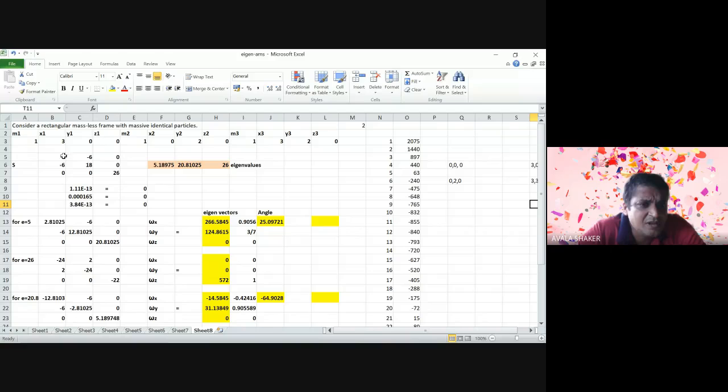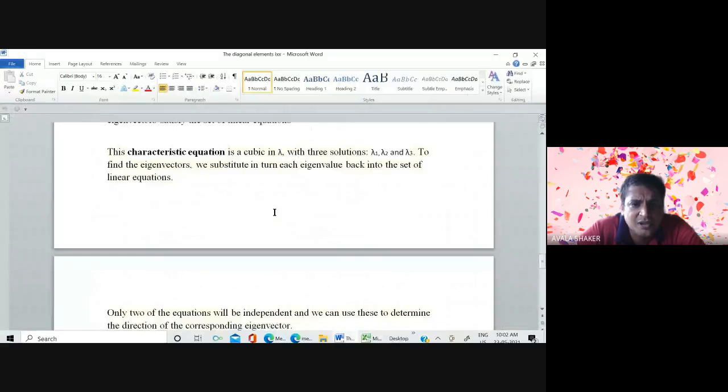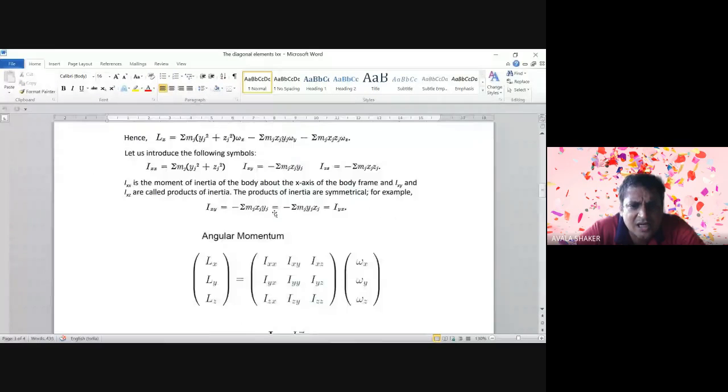If you remember, these components are Ixx, Iyy, and Izz. If you recollect the formula, it was the sum of mass times (yi square plus zi square).